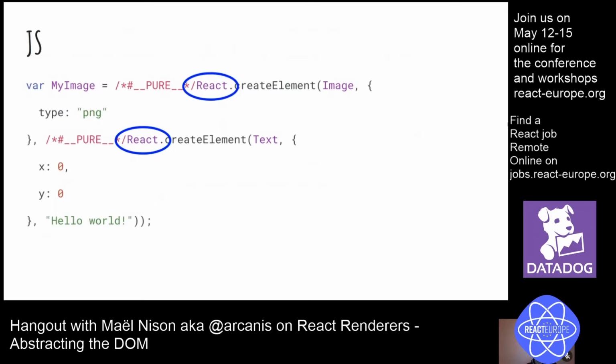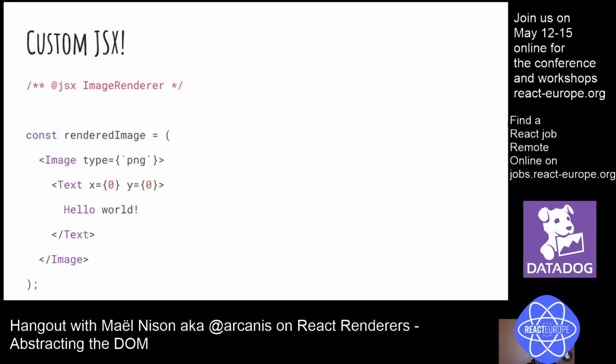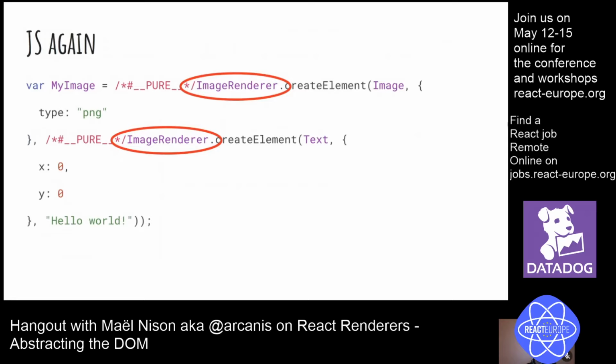So for example, I've highlighted the React object, but we are not obligated to actually use React.createElement. We can replace that by something else. For example, here, with the Babel transform of JSX, if you put a pragma called @jsx imageRenderer, and you keep the exact same JSX literal, Babel will transform it not into React.createElement, but into imageRenderer.createElement.